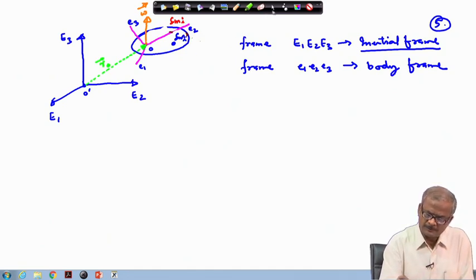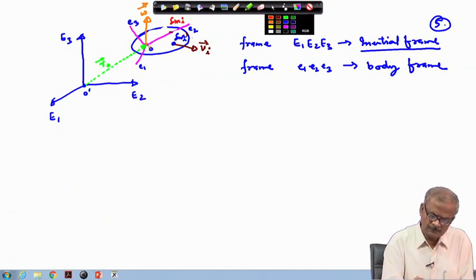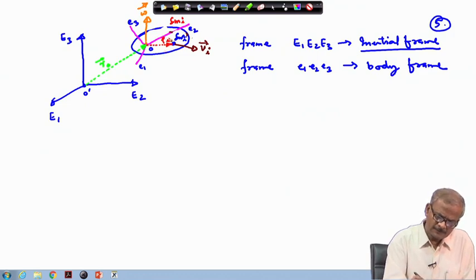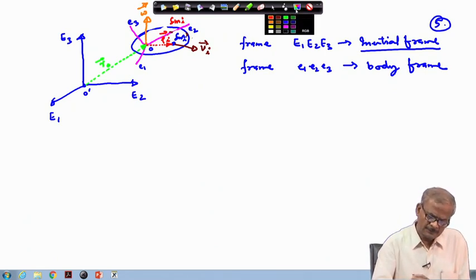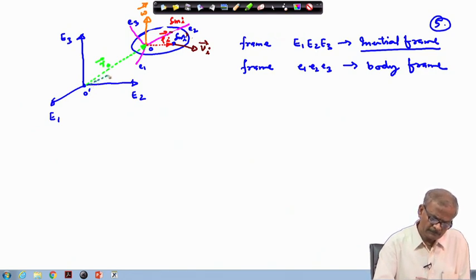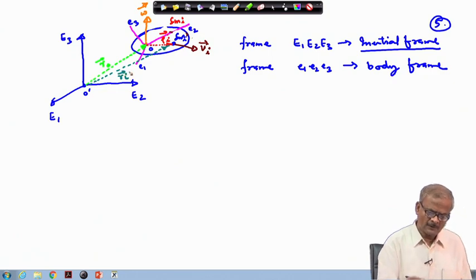And the velocity of this point is V I. And this we indicate as rho I. And if we join these points here, this vector we will show as R I.